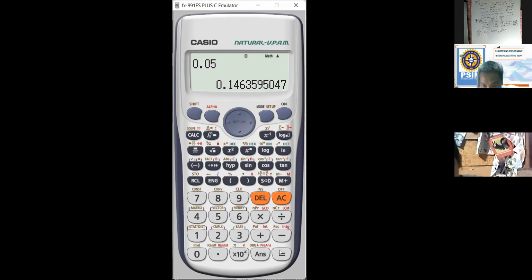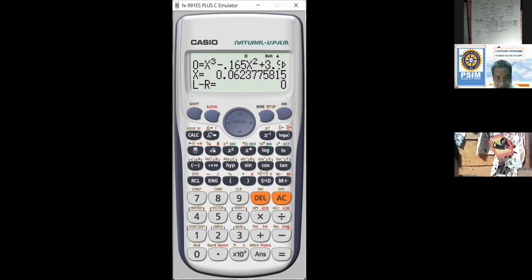But with 0.05, let's proceed. The answer is 0.06, which is correct from the figure. If you take a look at the figure, 0.06 to 0.0623. That is very near 0.06, and that is the correct answer.